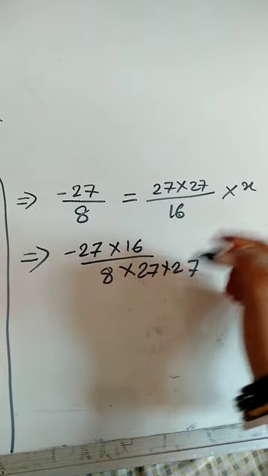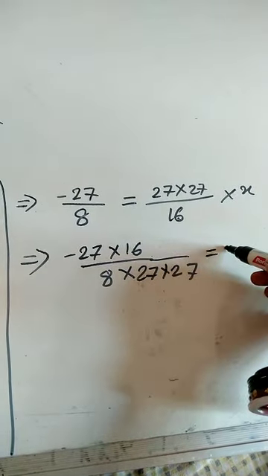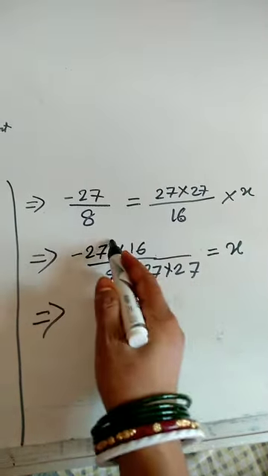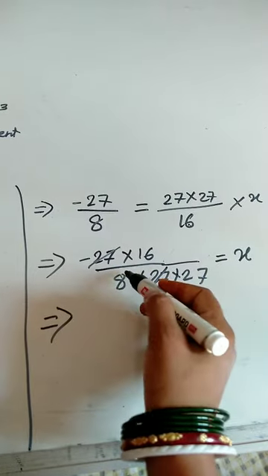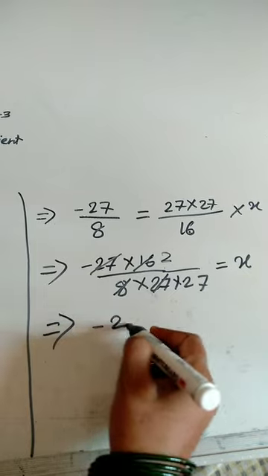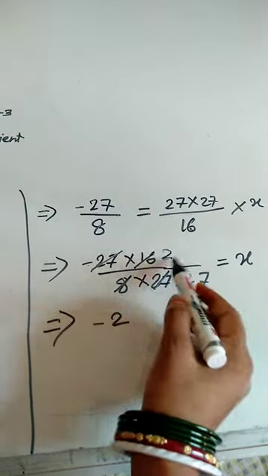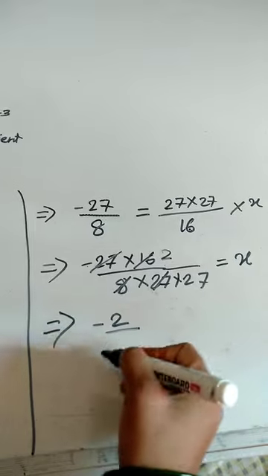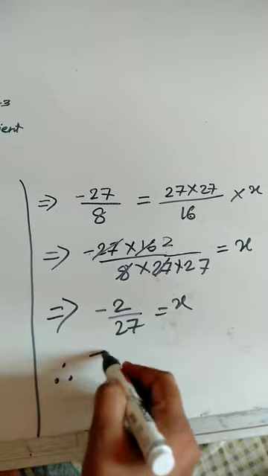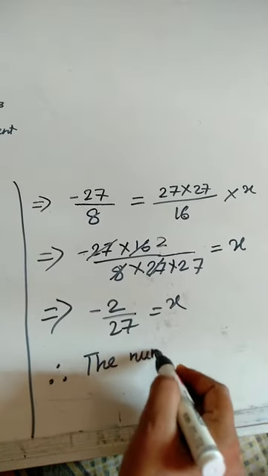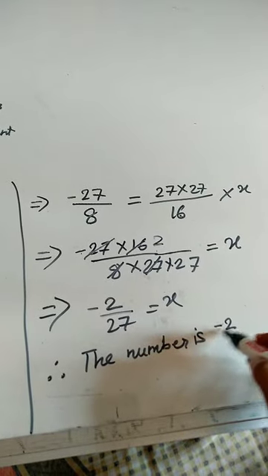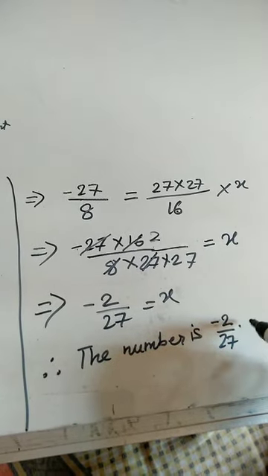Only x is left on that side. This 27 and 27 both cancel each other. 8 2s are 16, so we have minus 2 only, and this 27 in the denominator is equal to x. Therefore the number is -2/27. This is our answer.